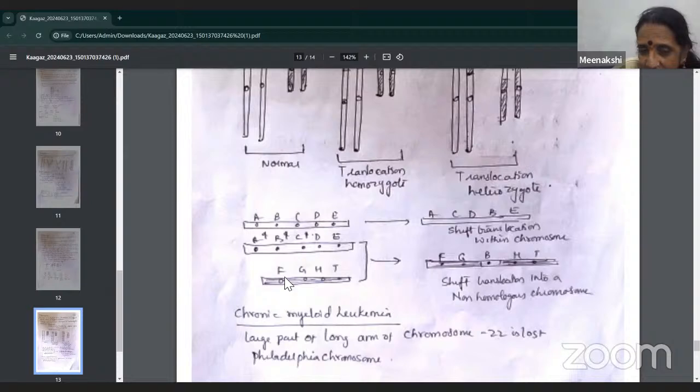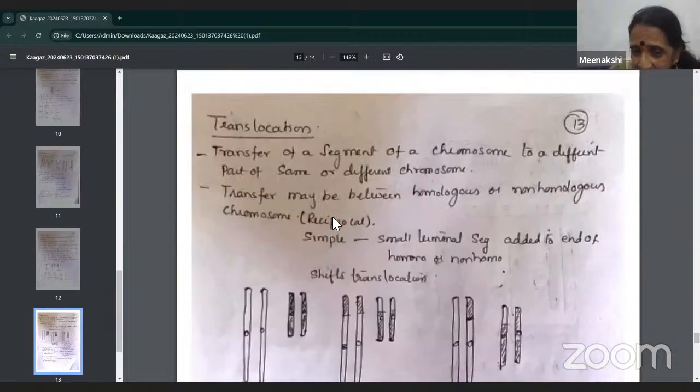Whereas in this case, there are two different chromosomes, A, B, C, D, E and F, G, H, I. The B gene in this one has been shifted to the second chromosome, F, G, H, I. This B is being shifted to another, non-homologous chromosome. So they can be reciprocal.